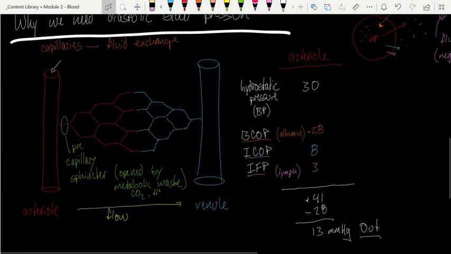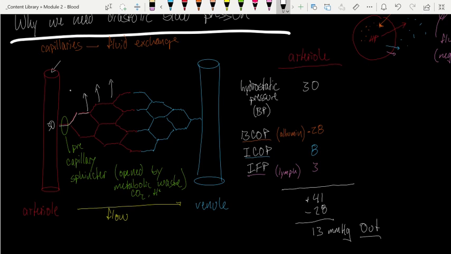So if we apply that to our capillary bed, what do we see? We see right here, we're at 30 millimeters of mercury hydrostatic pressure, along with the ICOP and the IFP and the BCOP. As soon as that blood enters this capillary bed, capillaries are designed to let that fluid out because there's a net out here.